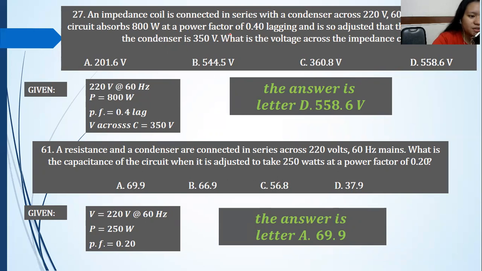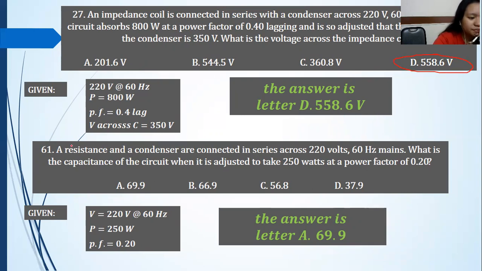These are the choices: A 201.6 volts, letter B is 544.5 volts, letter C is 360.8 volts, and letter D is 558.6 volts. In the article that I've seen, the answer is letter D, 558.6 volts.